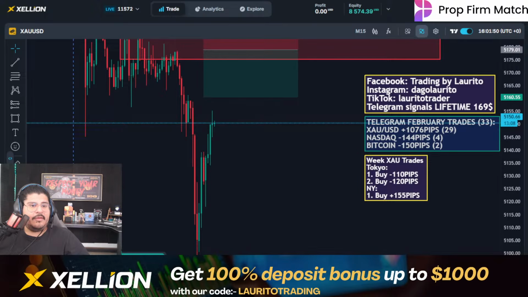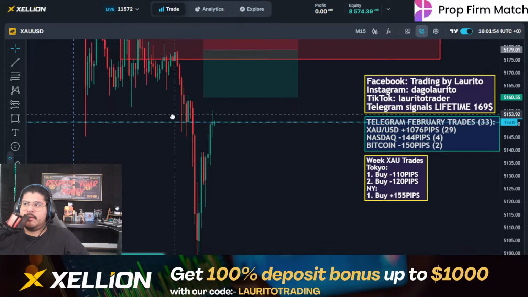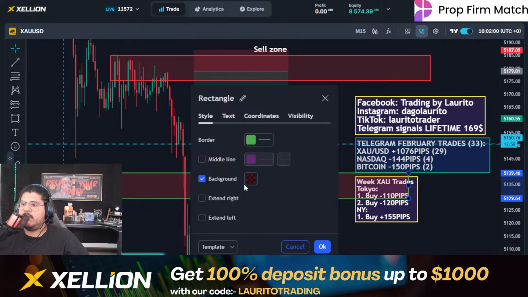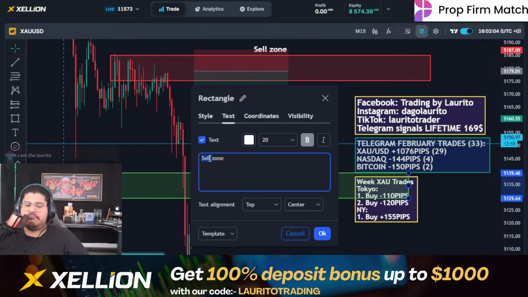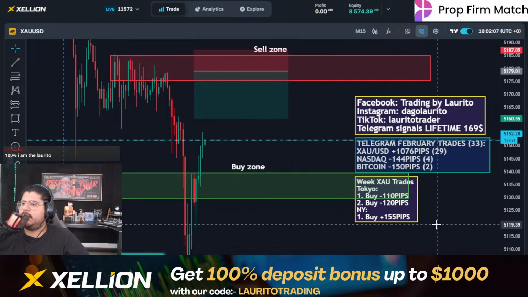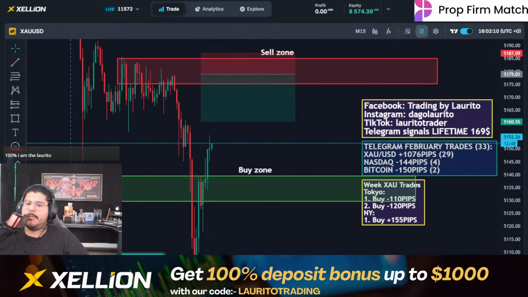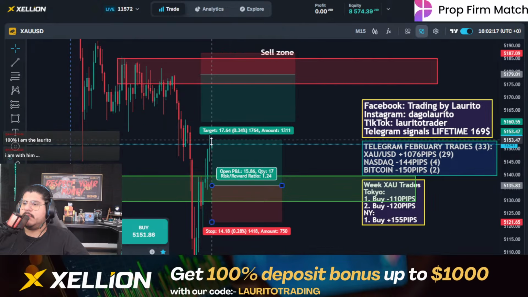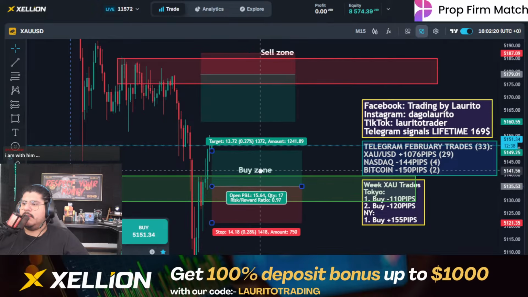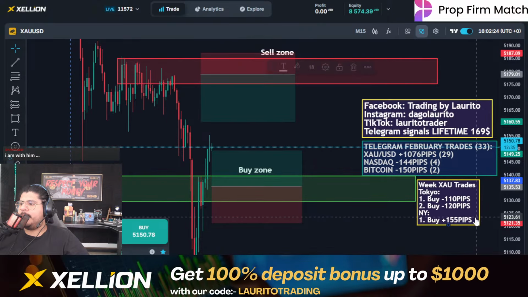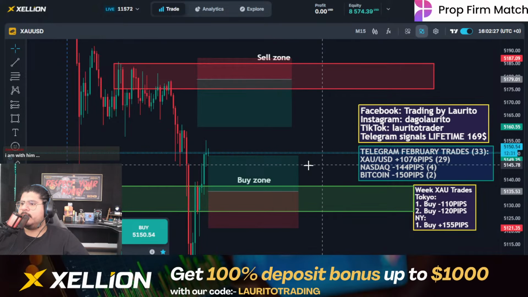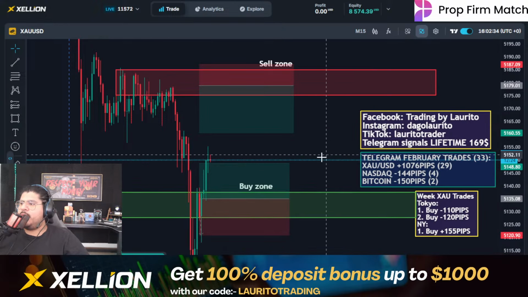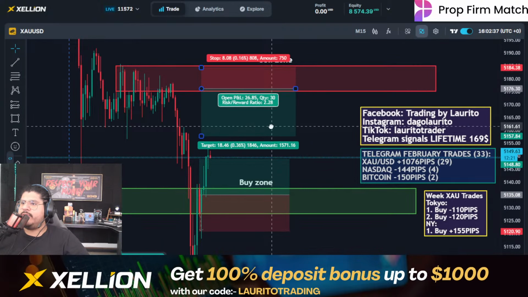5138. 5138. Buy some position. Okay, at this point, these are the zones for today.